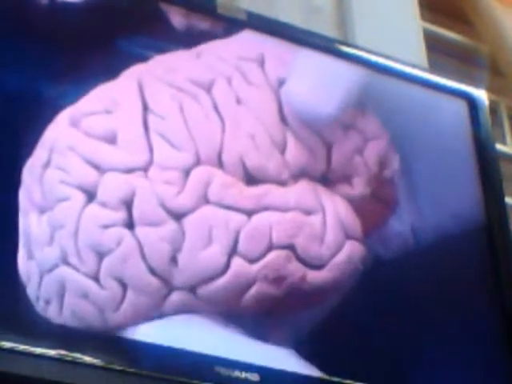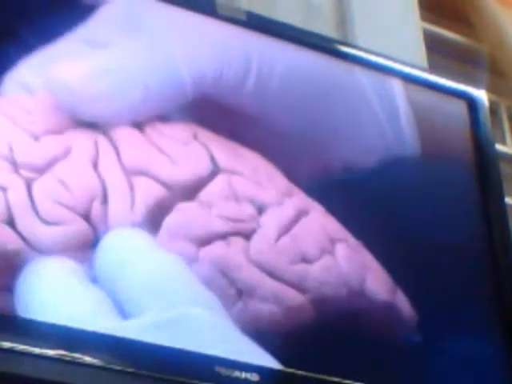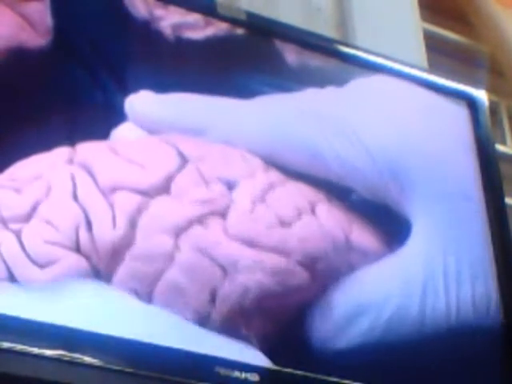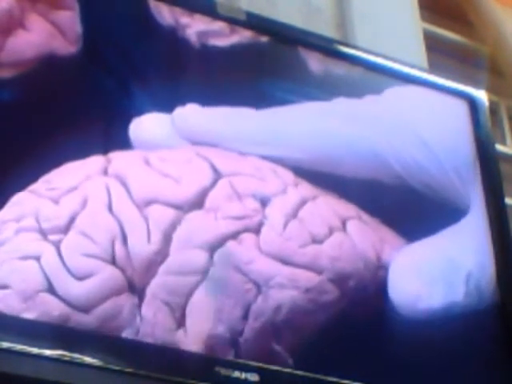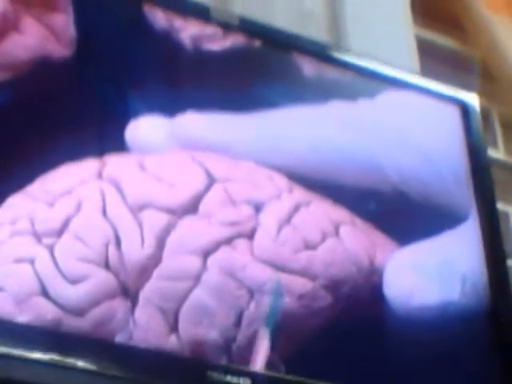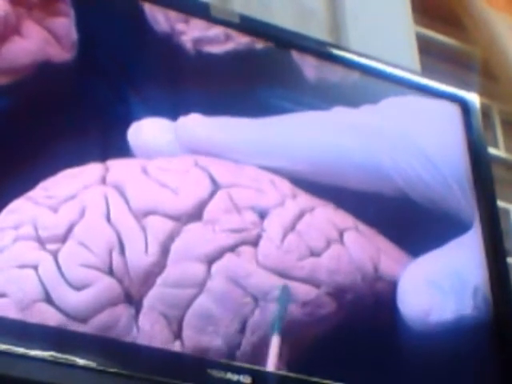Okay? Now, when you look at the temporal lobe, what kind of partition would be used for the temporal lobe? Here's the temporal lobe. So what are the boundaries? Is the superior, middle, and inferior temporal gyrus? What are the boundaries?